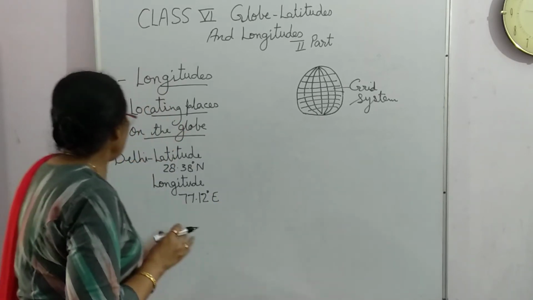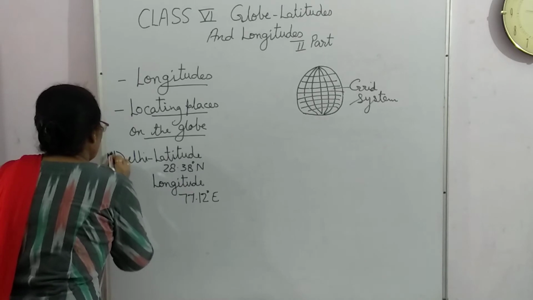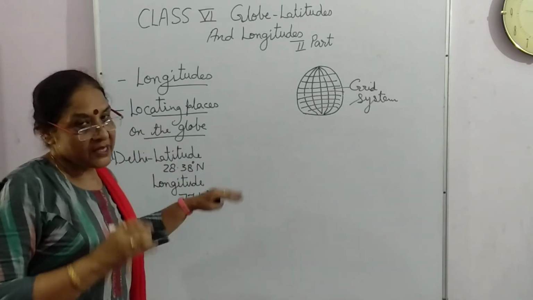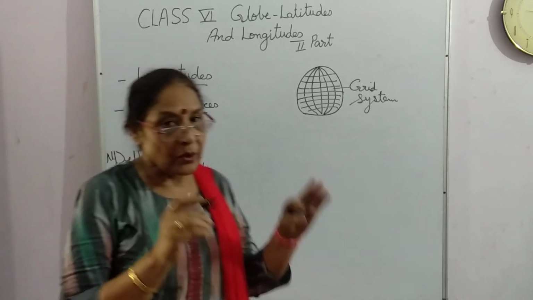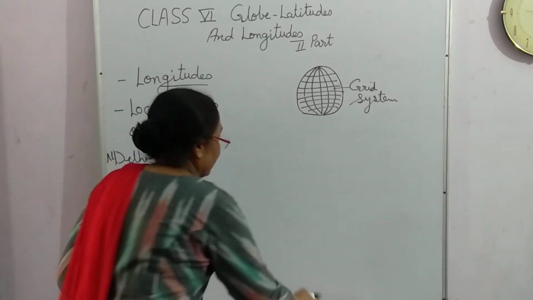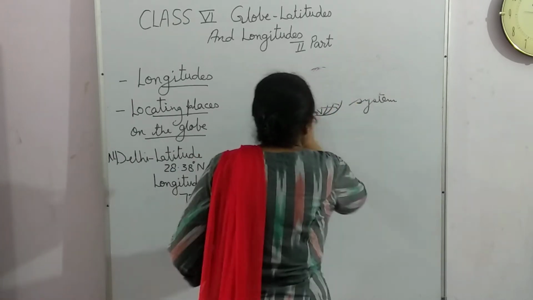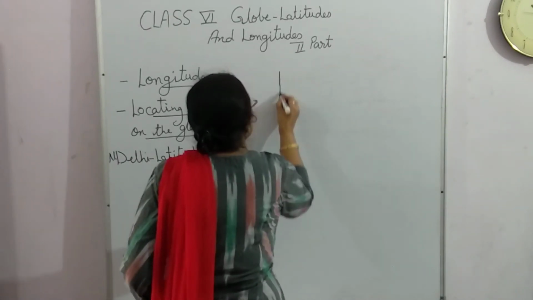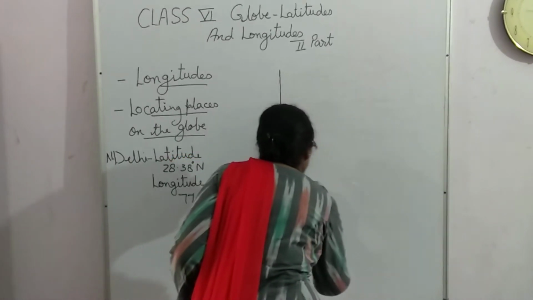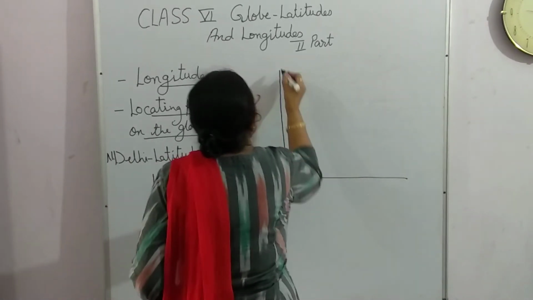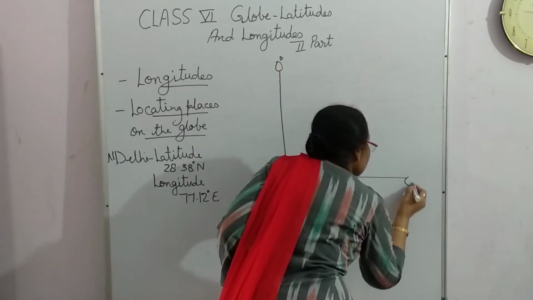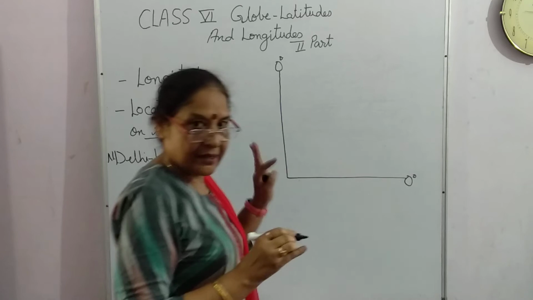Take one example, New Delhi. Its latitude and longitude are given, and we have to locate New Delhi. Now look at the board. This is 0 degree longitude and this is 0 degree latitude.